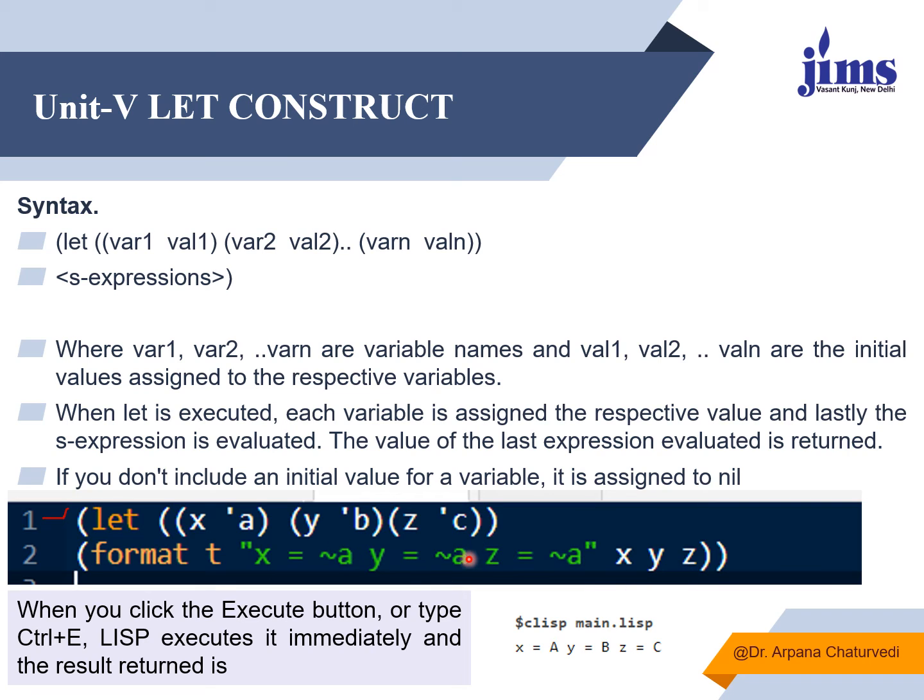So each tilde a will get replaced with the value which x, y, z are holding, and then at the end we are closing the bracket, which is the closing of the opening bracket of let. Now when we execute, I have mentioned over here after execution that x has the value a, y is b, and z is c. So this is how we use the let construct.